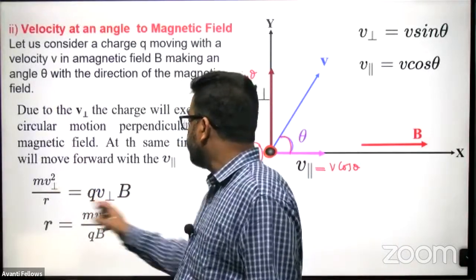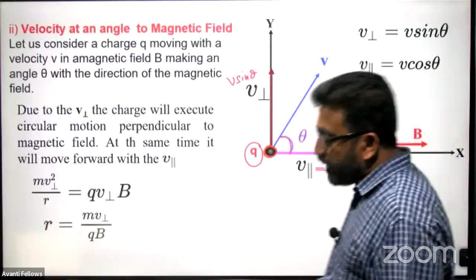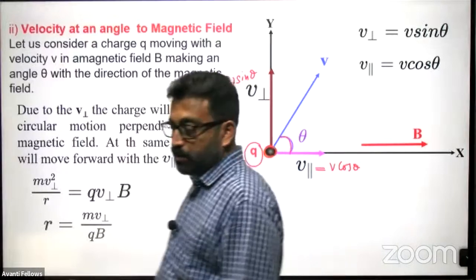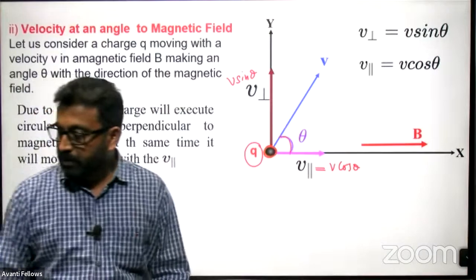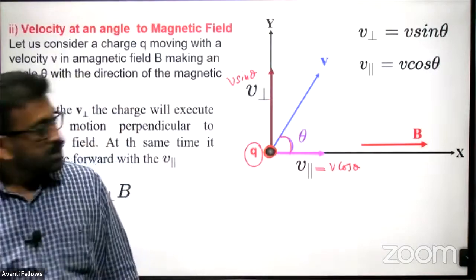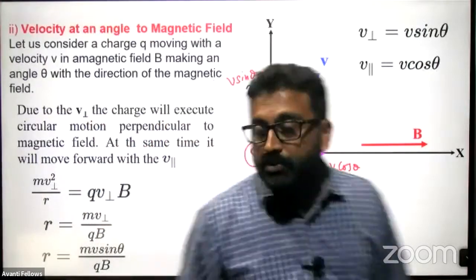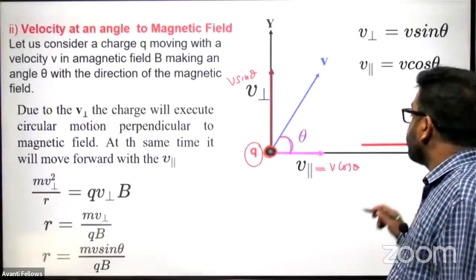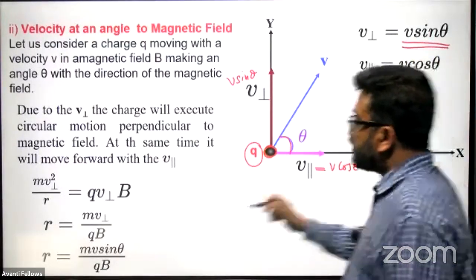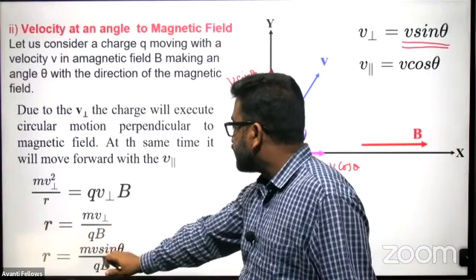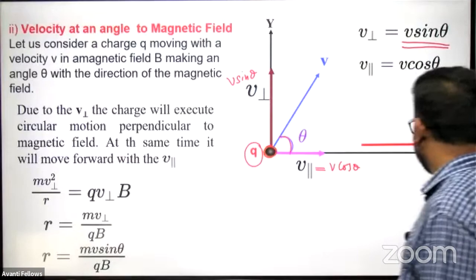So r equals m v perpendicular by qB, the radius of the circular path in which the charged particle moves. We know v perpendicular equals v sin theta. When we substitute the value of v perpendicular with v sin theta, we get m v sin theta divided by qB.